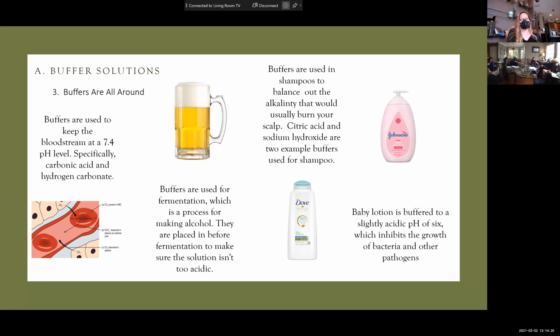Baby lotion is buffered to a slightly acidic pH of 6, which inhibits the growth of bacteria and other pathogens. That makes perfect sense, right? If you put something slightly acidic on your baby's skin, it prevents the growth of bacteria or maybe some fungus, which you're trying to keep off the baby's skin. It's helpful.